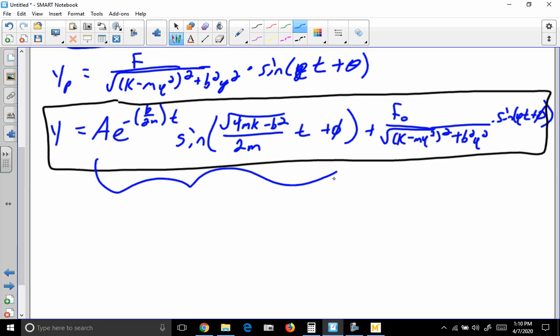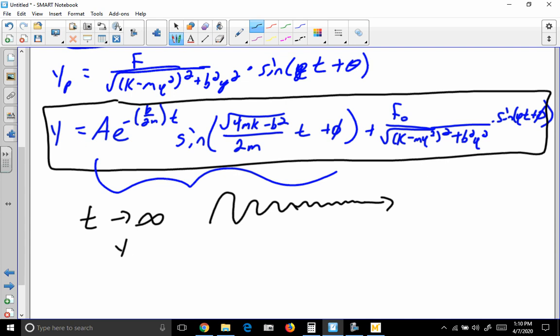So we get this oscillation, but notice what happens as time goes to infinity. If time goes to infinity, we have e to the negative infinity, which goes to 0. And as you recall back from the previous section, over time, if we have an underdamped situation, even though it's oscillating back and forth, the peaks are getting smaller and smaller until it goes towards 0. So the homogeneous part goes to 0 over time.